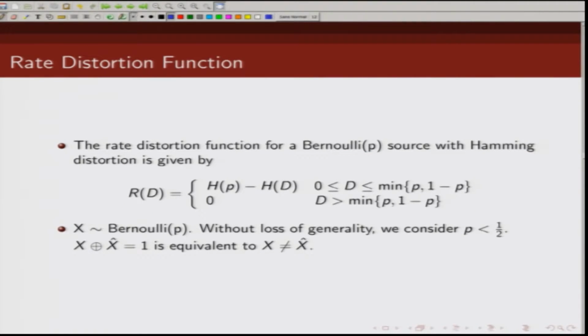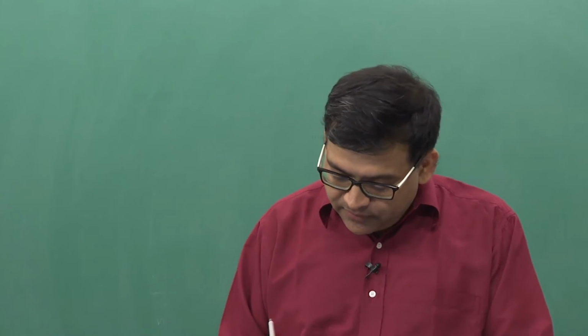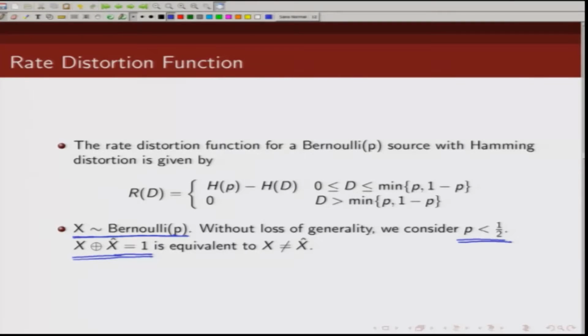Now, without loss of generality, let us assume that this p is less than half. We are considering a Bernoulli source. This is a binary source. So, x XOR x hat equal to 1 means x is not the same as x hat.